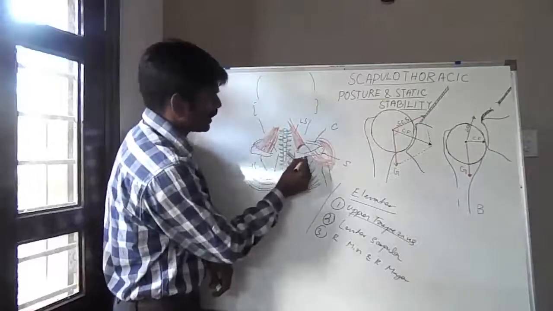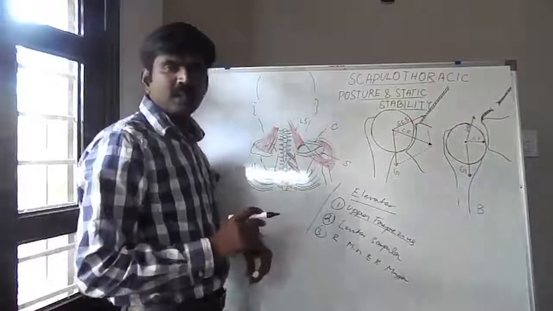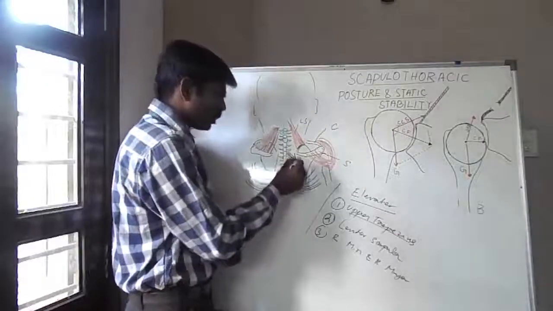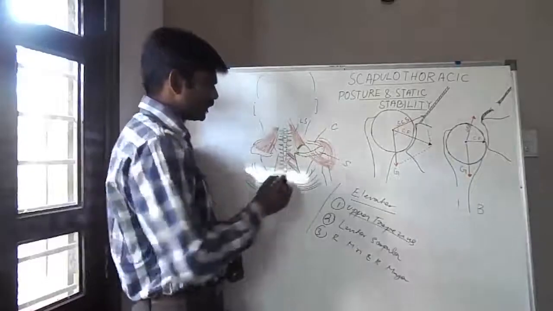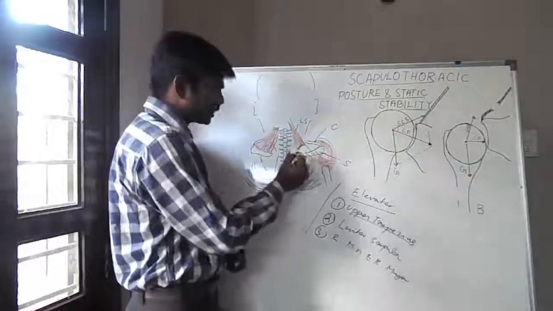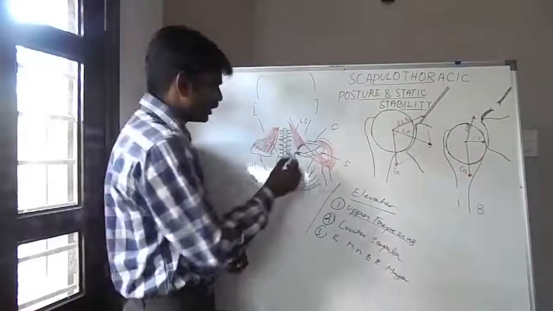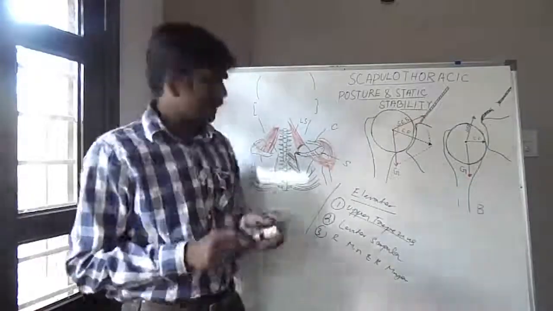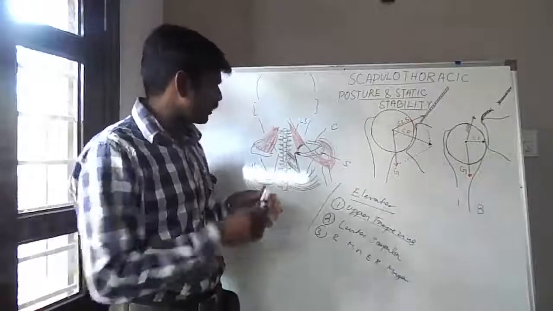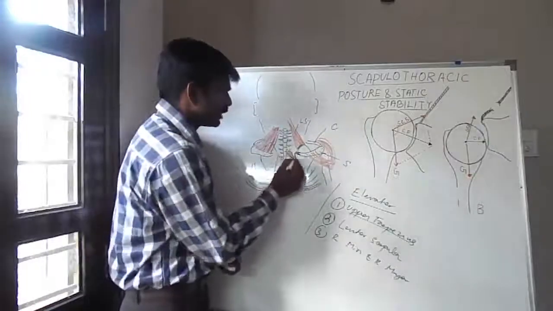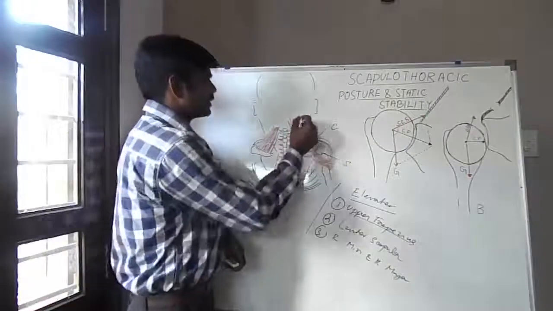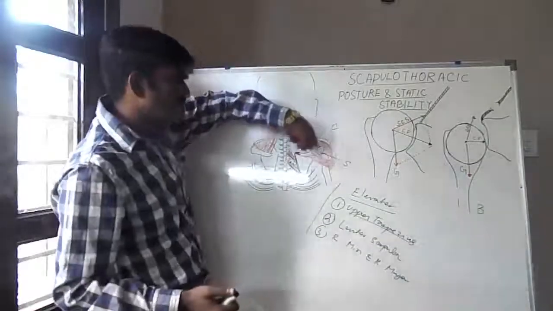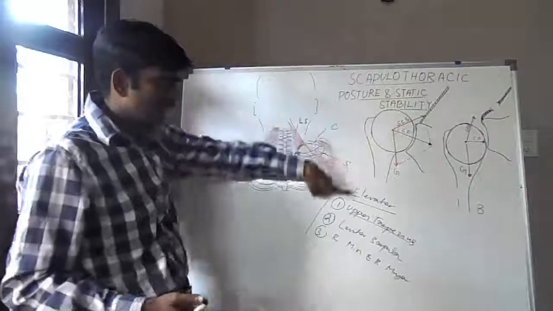The rhomboideus minor and major get insertion below the spine. This is the spinous process and this is the acromion process. So below the spine and along the medial margin of the scapula is the insertion of the rhomboideus minor and major. These are the muscles which elevate the scapula. These are the elevators.